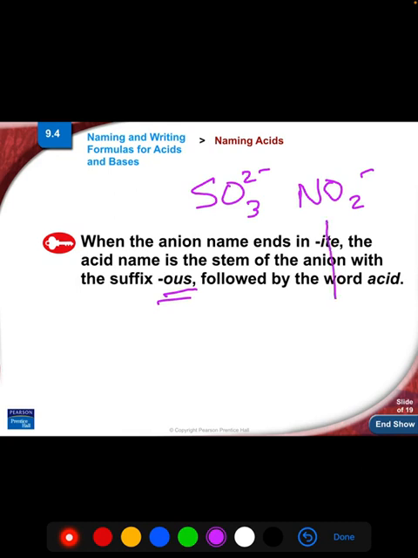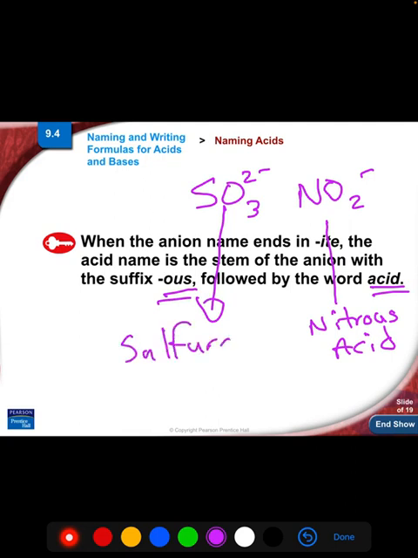So, for example, this one would become nitrous acid, followed by the word acid. This one would become sulfurous acid, and so forth. So the ite salt, or anion, becomes the ous, O-U-S, acid.